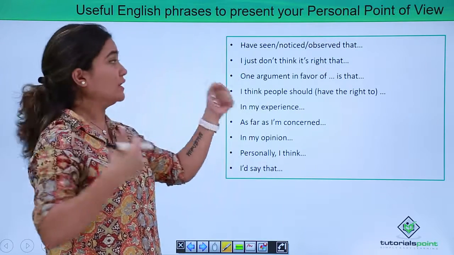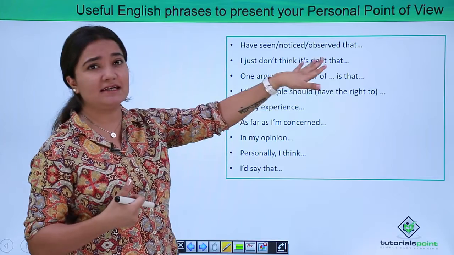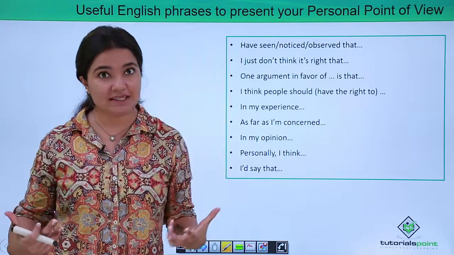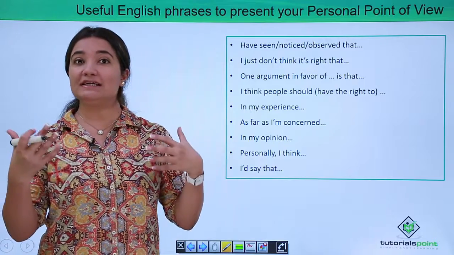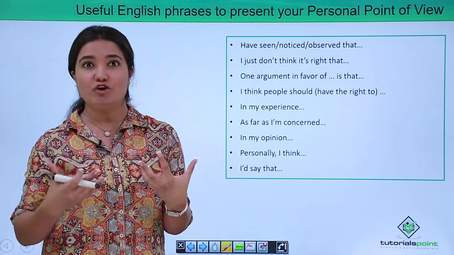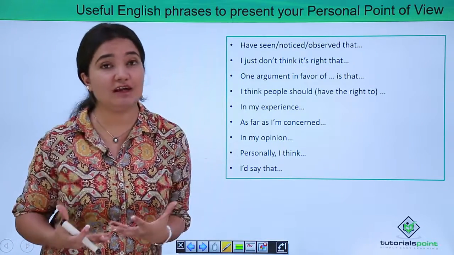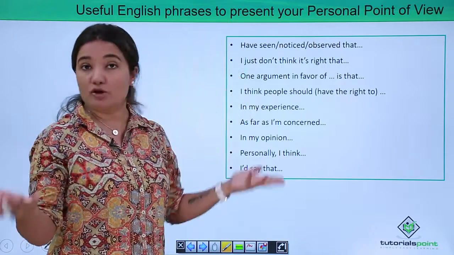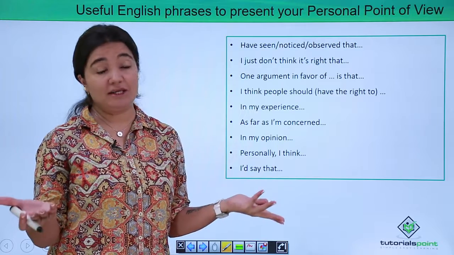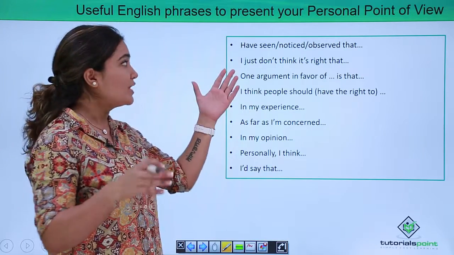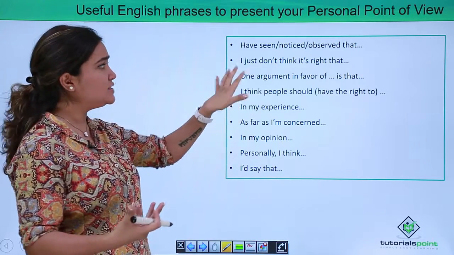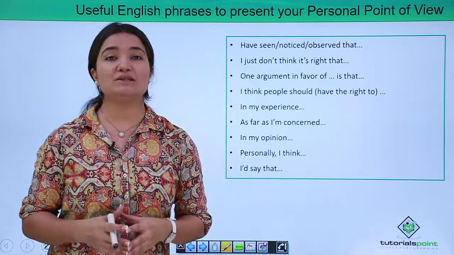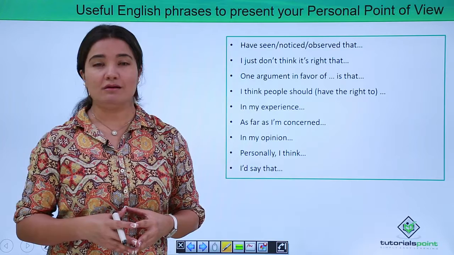Next one: "I just don't think it's right that." Here you are presenting your point of view, but it is sort of disagreeing with a particular situation, right? That also is a situation wherein you might need to present your point of view, and this is a good way to set the start of your opinion.